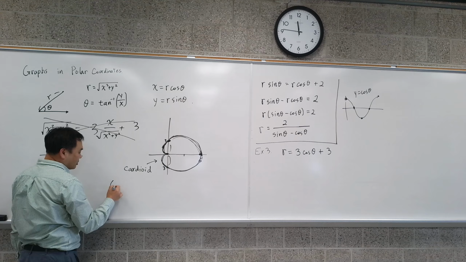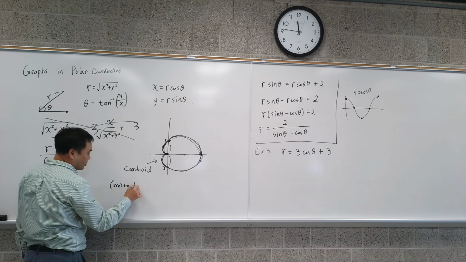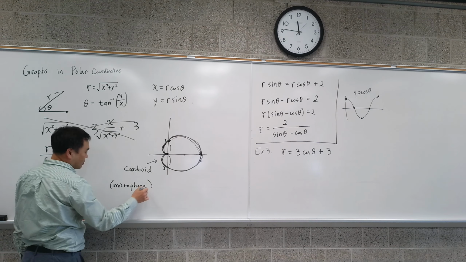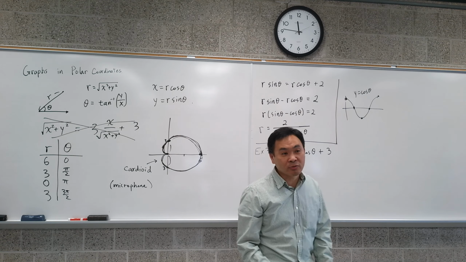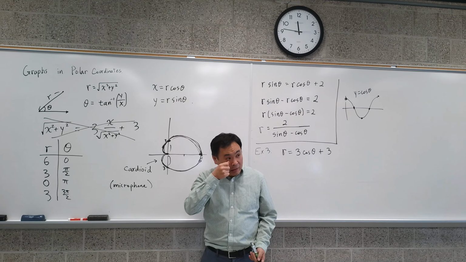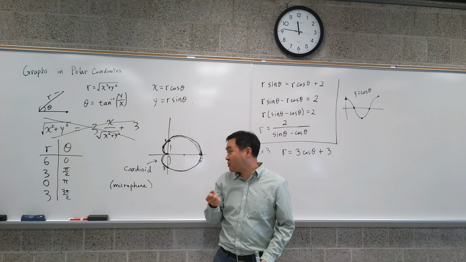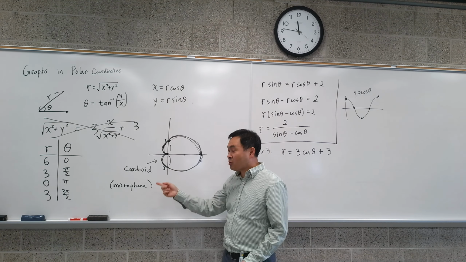So next time you see a microphone at a karaoke or at a church or someplace, look at what it says. And 9 times out of 10, the microphone that you're holding will be a cardioid microphone.